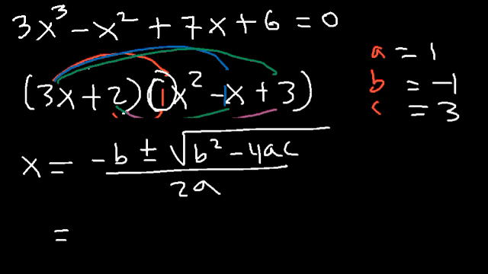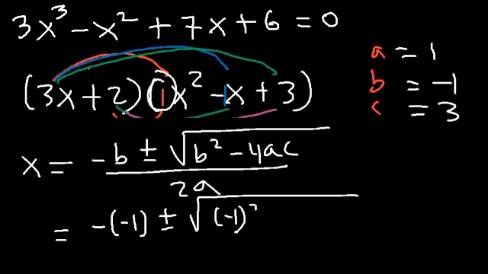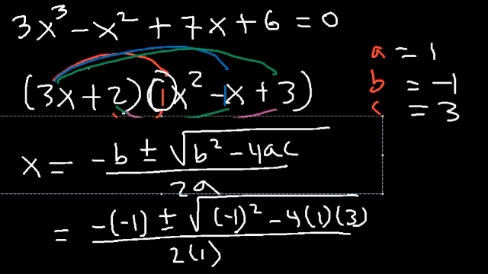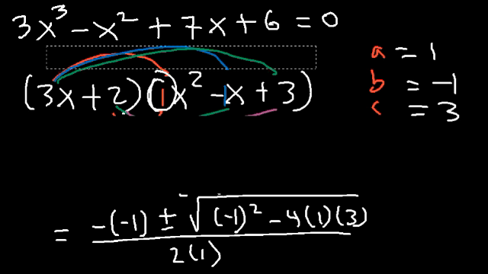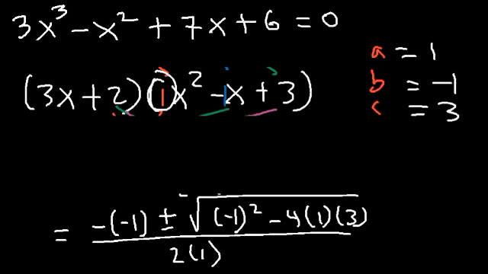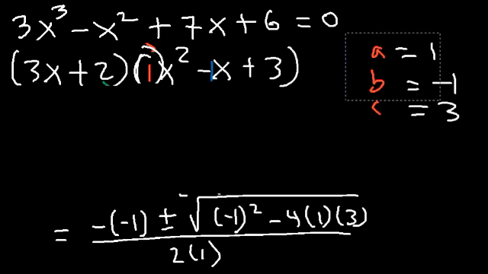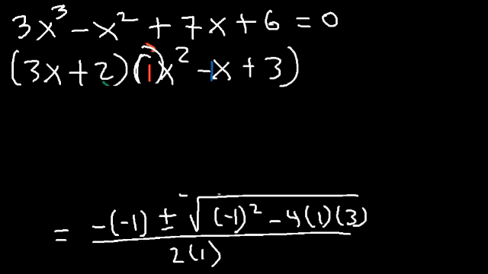So it's going to be negative 1 plus or minus square root negative 1 squared minus 4 times a, which is 1, times c, which is 3, divided by 2a, or 2 times 1. So this is going to be equal to negative times negative 1 is 1. 1 squared is 1.